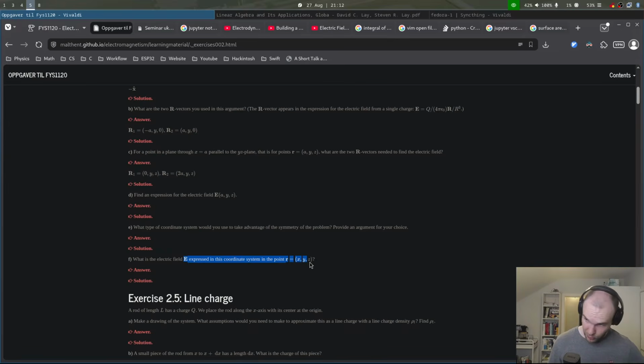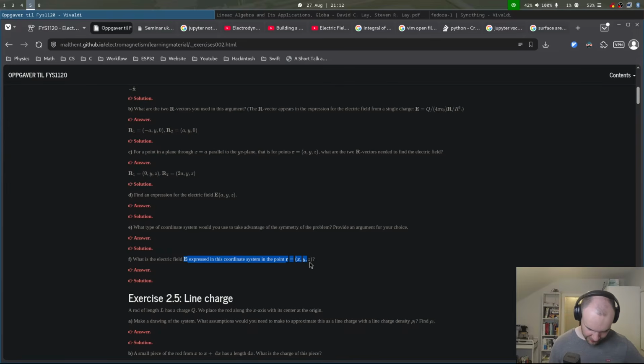Then we can use what we had. That was still correct, rho hat. And then we divide, of course, by x minus a squared, and then we have plus rho squared, and then all of this is to the power 3 over 2, just like that.